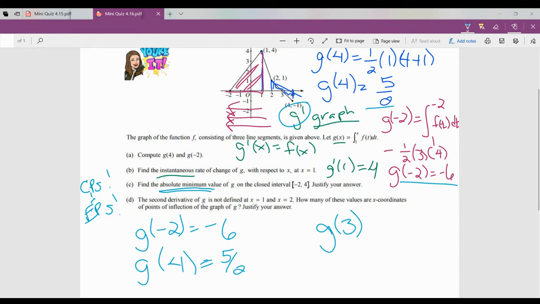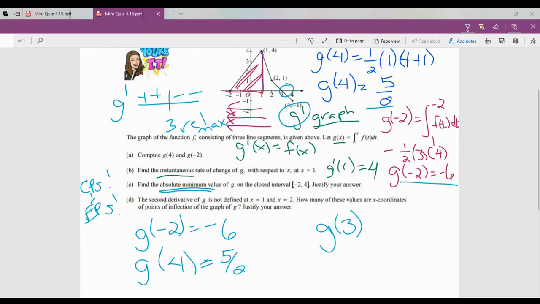Well, g prime of 3 goes from positive to negative, just in case you can't see, because I scribbled all over the graph. So if we were going to do our bar chart, at 3 it goes from positive to negative. That means 3 is a relative max.